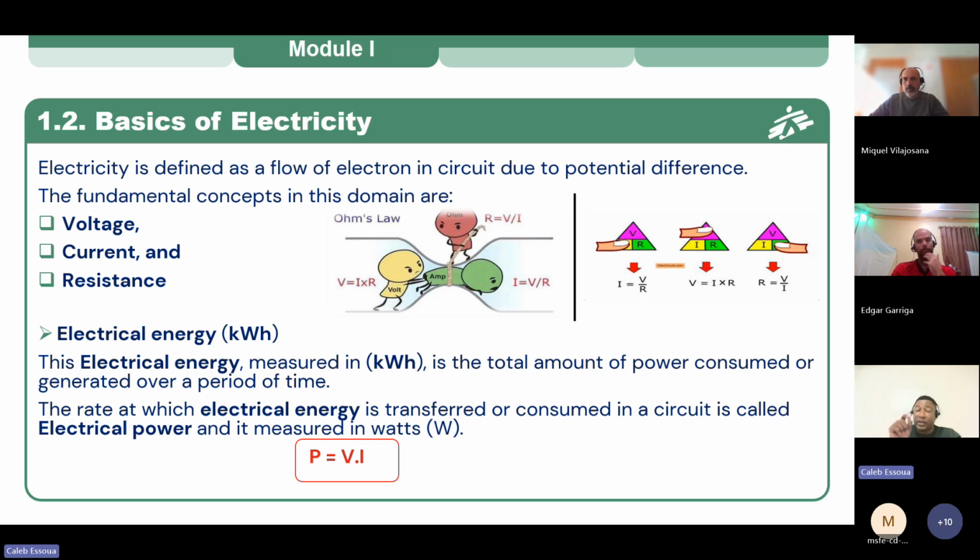And you are the one who has to do the calculation to get this power and enter it in your generator sizing. So this part is very important for you to write down and remember, because it will help you during your case study.